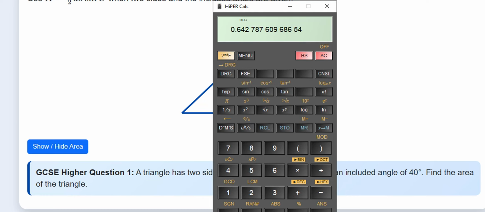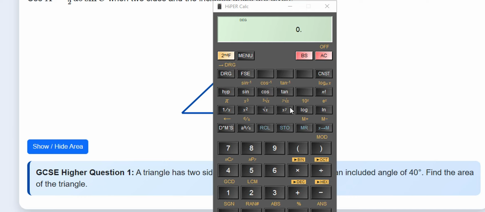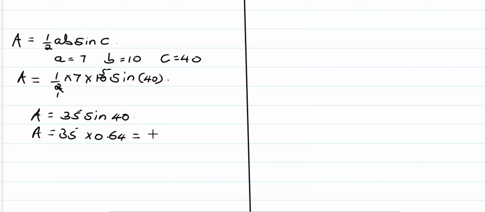And now the area will be 35 multiplied by 0.64, which will be 22.4 centimeter squared.